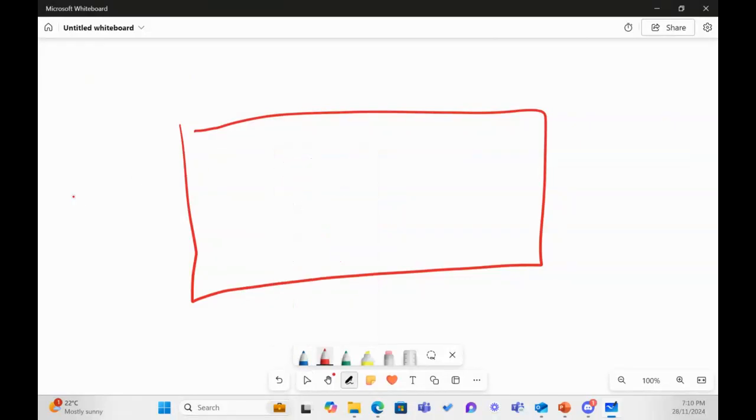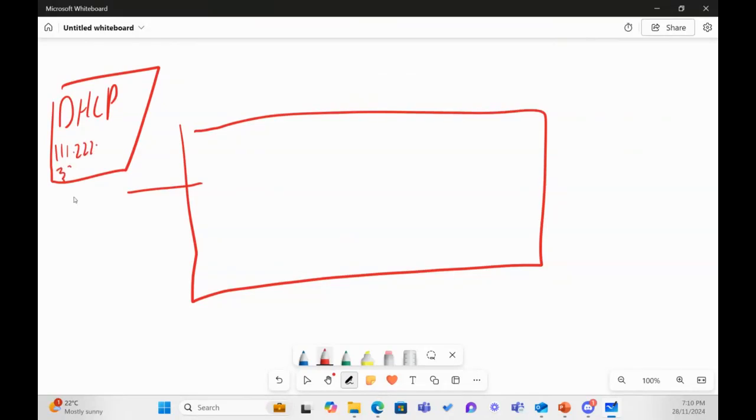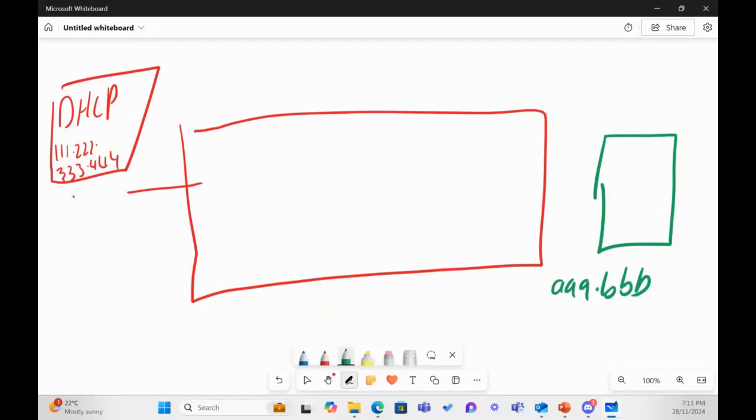Okay, and it's connected to a DHCP server with a MAC address of 111.222.333.444, and we've got a computer over here with a MAC address of AAA, BBB, CCC, DDD.